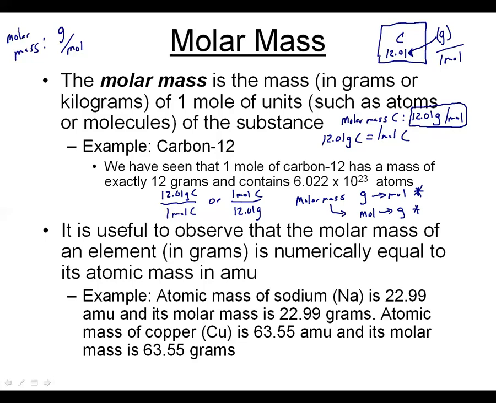So the way that we use molar mass to do that is very similar. If we started with grams and we divided by the molar mass from the periodic table, the grams would cancel and that would leave us with moles. So this is the conversion from grams to moles, this coming from the periodic table.